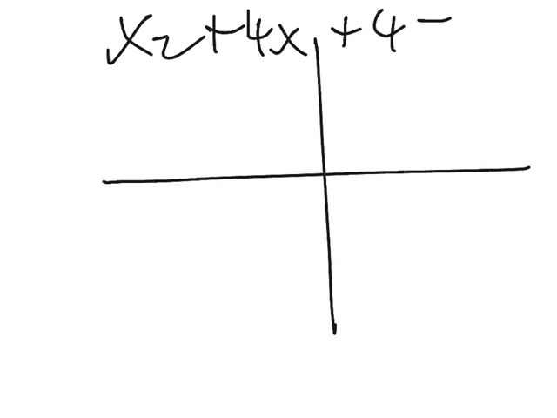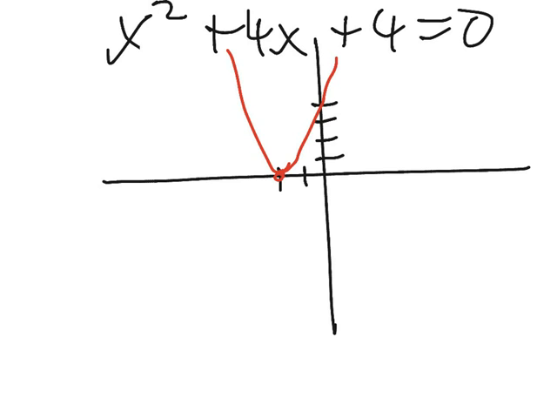We saw that because that same equation, x squared plus 4x plus 4 is equal to 0. The square should go on top there, x squared. We saw that it intercepts at y equals 4, and that it came down right there at minus 2, and just touched, and then went back up again.